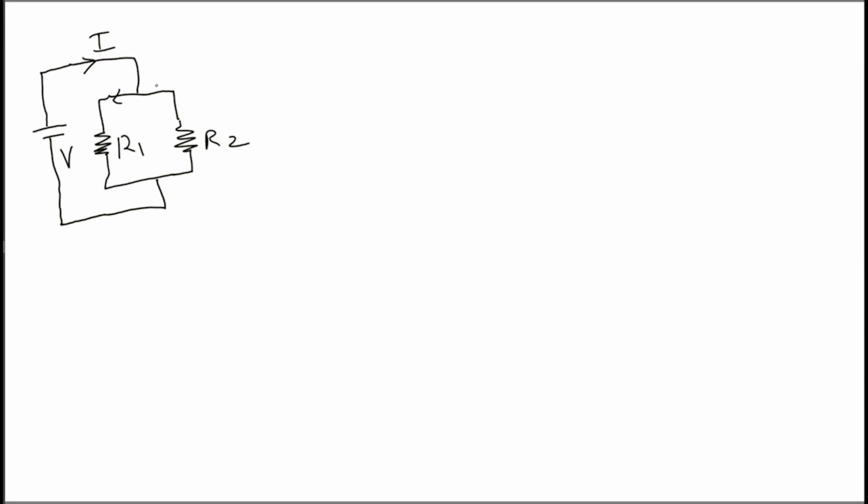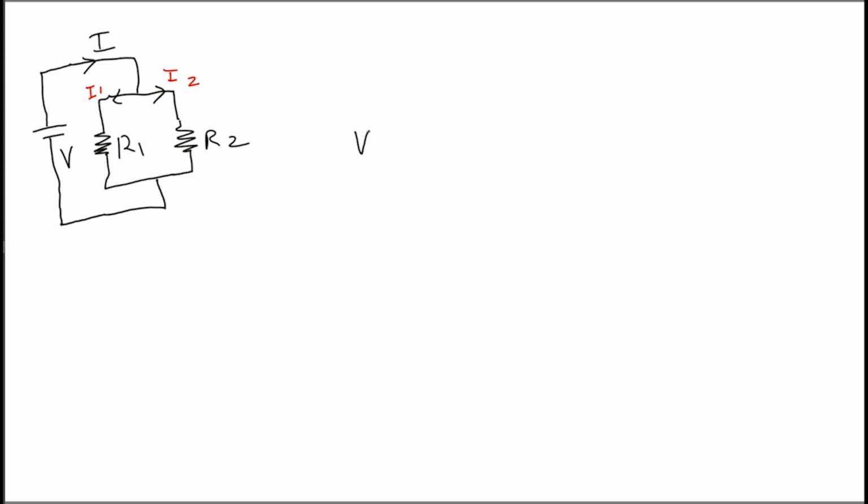Like voltage divider, current divider is also useful in analyzing circuits. Here two resistances R1 and R2 are connected in parallel and a voltage of V is applied so that a current I flows through it. This current I divides into two. It is I1, I2. So current through R1 is I1, current through R2 is I2.